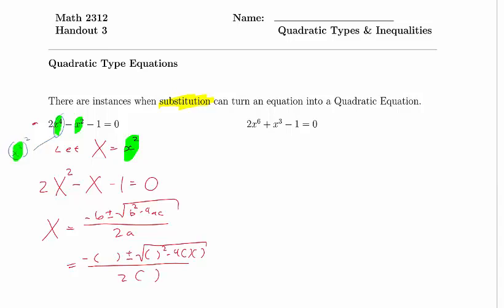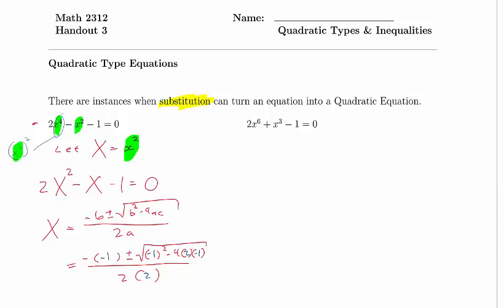And so we plug everything in. Our b looks like that's a negative 1. Then we look at our a, that's going to be a 2 and a 2. And then we look at our c, and that is also a negative 1. Okay, we got negative 1 twice.